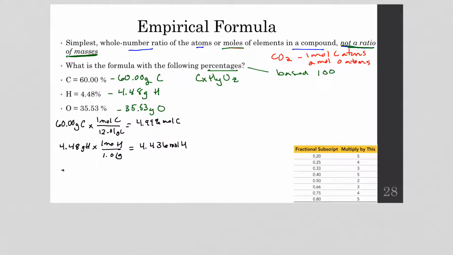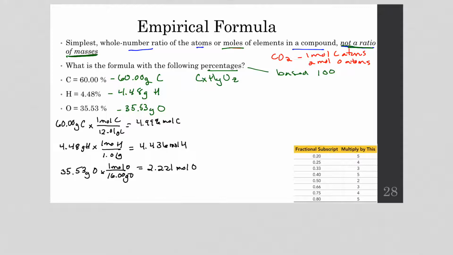And we go do the oxygen, 35.53 grams of oxygen times 1 mole of oxygen, 16.00 grams of oxygen. And if I do that out, I get 2.221 moles of oxygen.